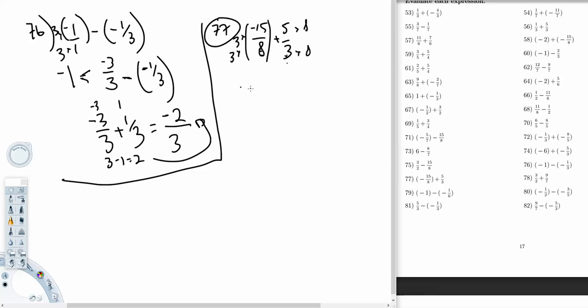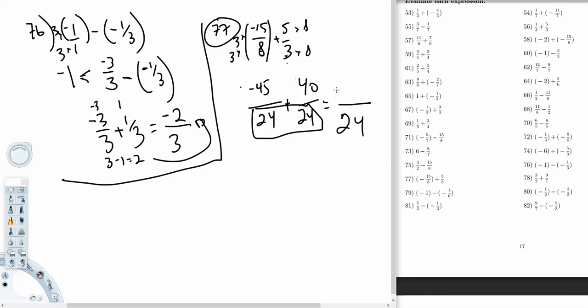So 3 times negative 15 equals negative 45. 3 times 8 equals 24. That is awesome. 5 times 8 equals 40. 8 times 3 equals 24. Oh, we now have the same denominator. We can carry that here. So negative 45 plus 40. Well, what's the biggest number? Negative 45. So we put a negative here, and we do 45 minus 40 equals 5. We put that up here, 5, and that's your answer.